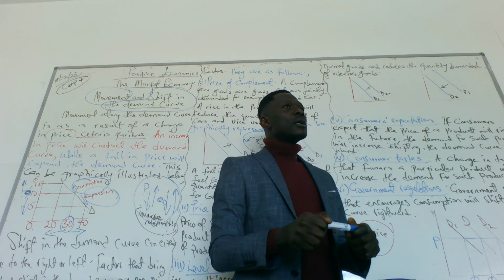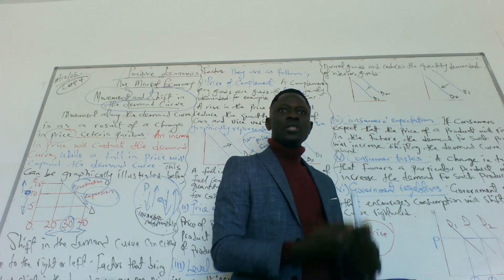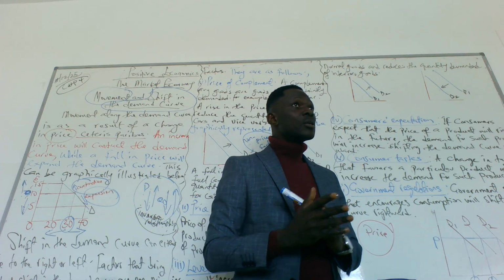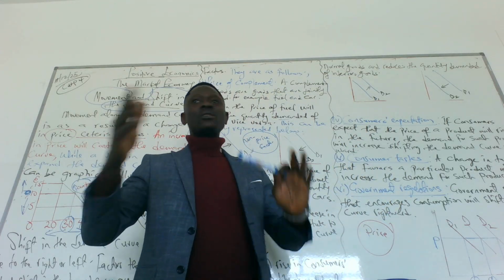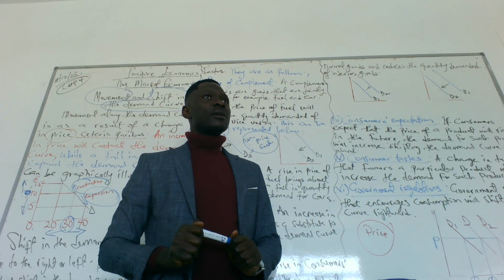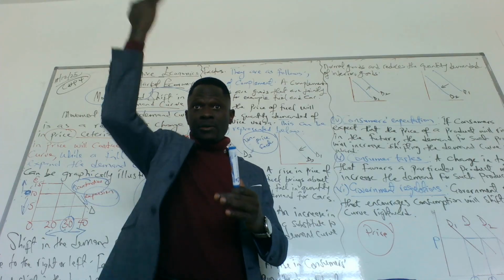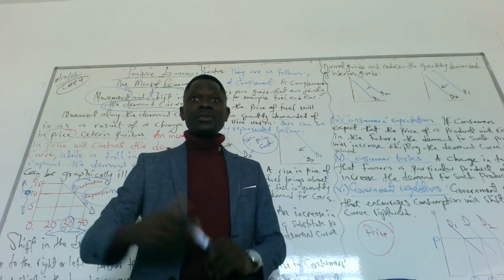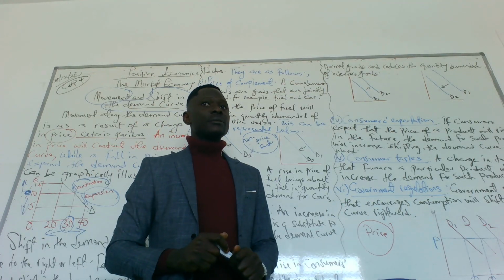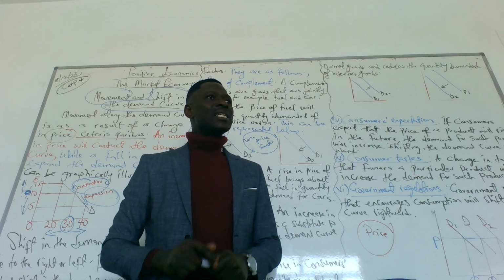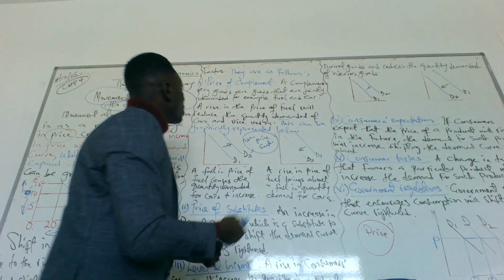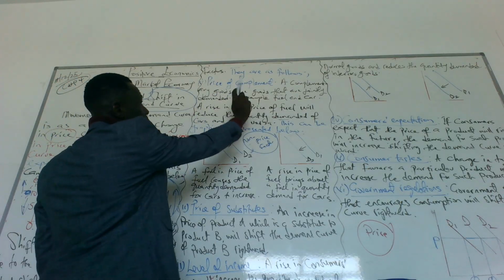Car and fuel. You need fuel to fuel your car. So if the price of fuel increases, the demand for powered cars might reduce. The first one we're going to talk about is the price of a complement.